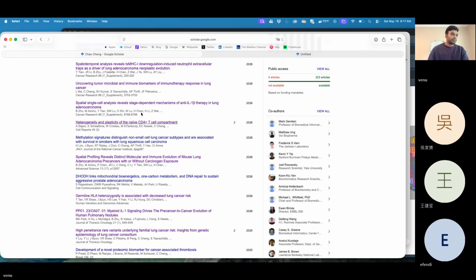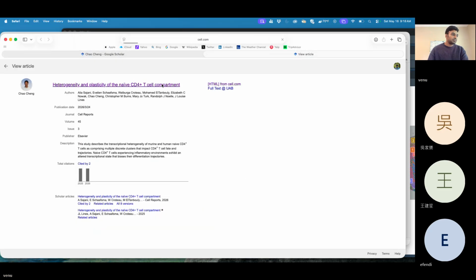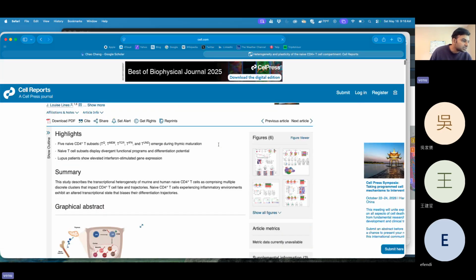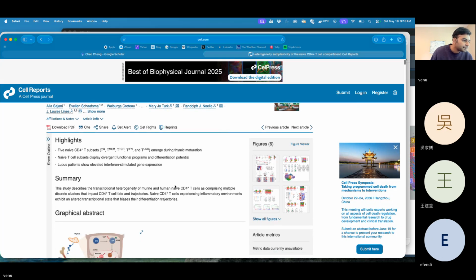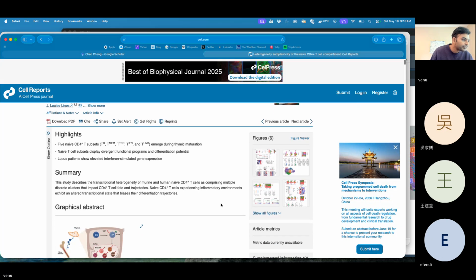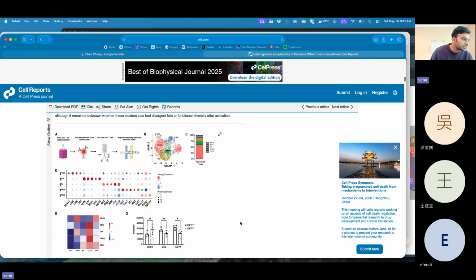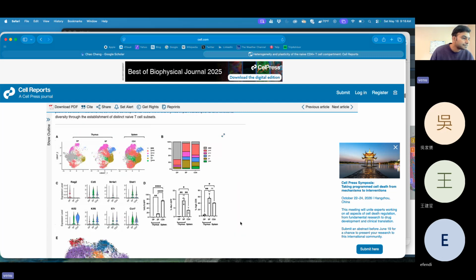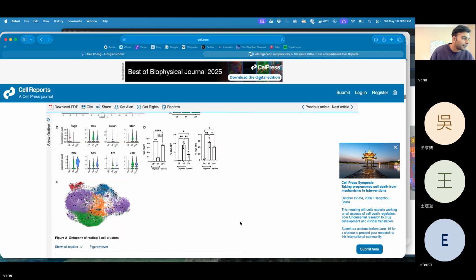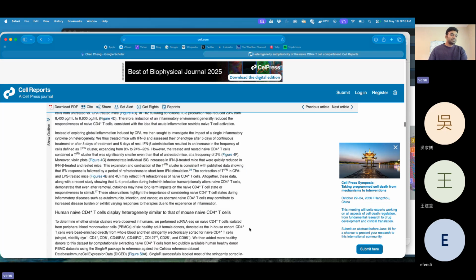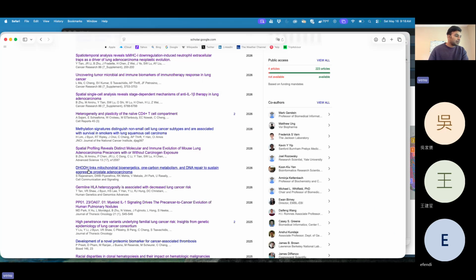Compartments. Graphical abstract, three cells. Let me see if they have spatial information. This is single cell RNA sequencing again. They have some nice papers on spatial.